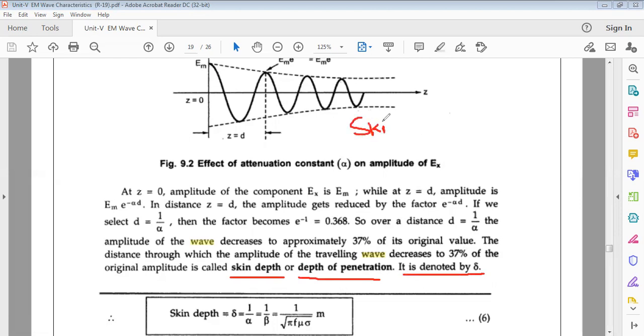Remember, my dear students. When the signal travels in the positive z direction, its amplitude at z equals 0 is EM.